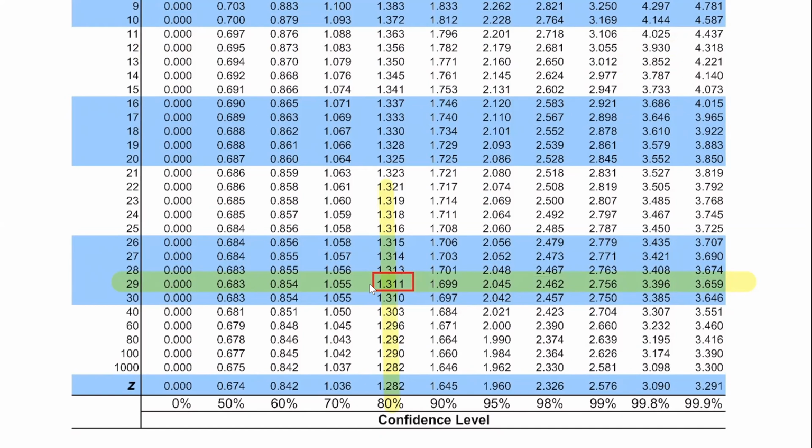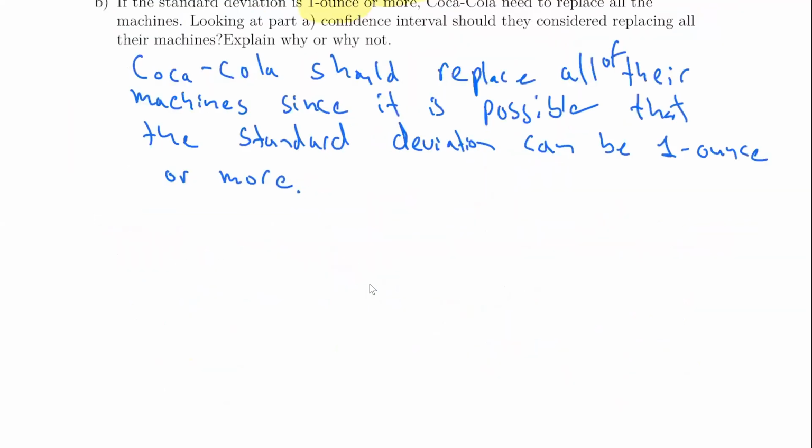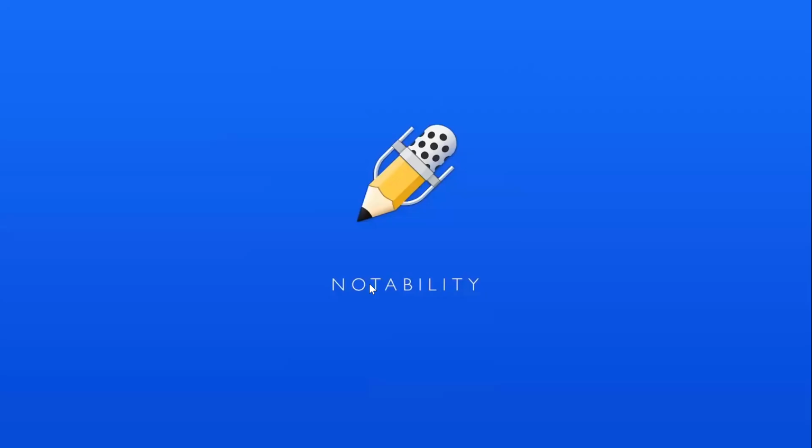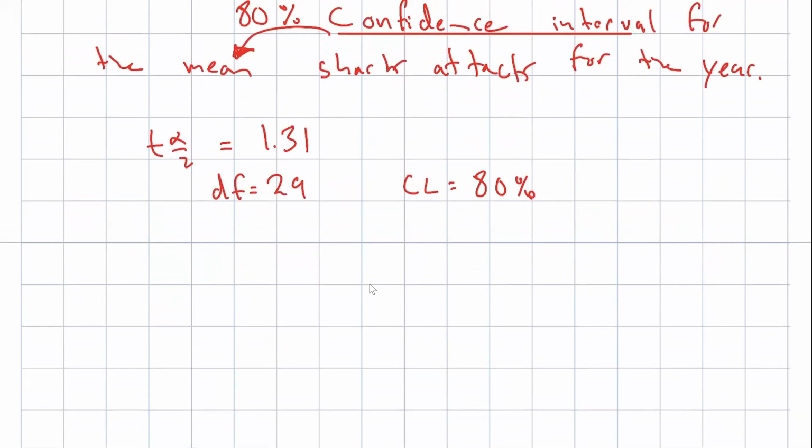All right. 1.311. All right, what's in there? Not here. So you get 1.311. So that's my T value.